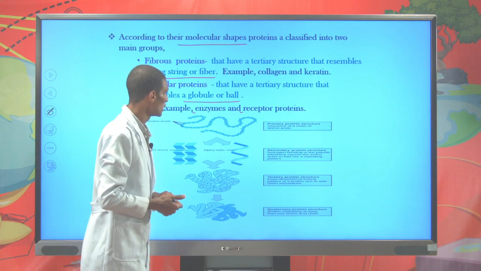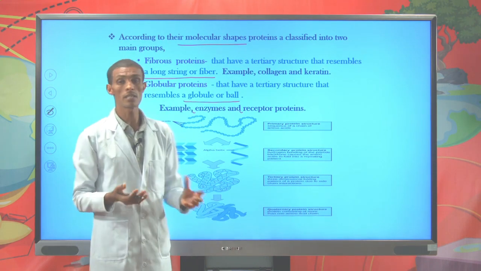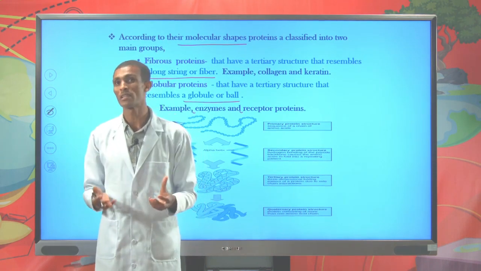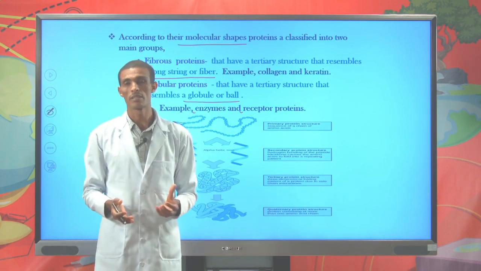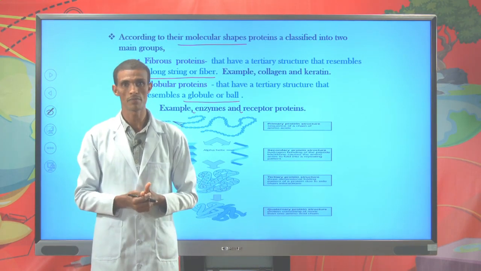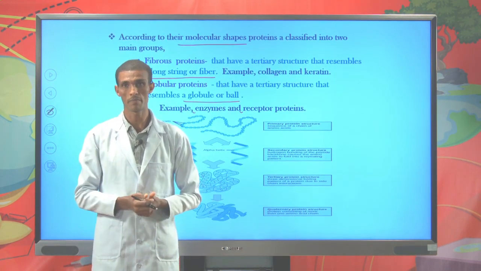So, student, in this lesson we have seen lipids and some types of lipid with their specific functions.